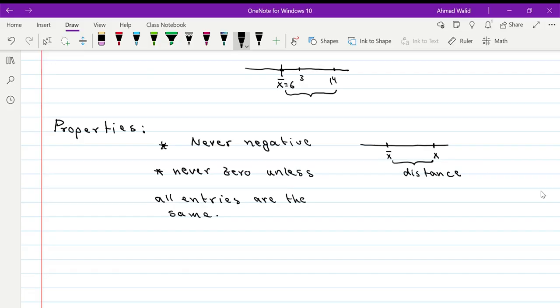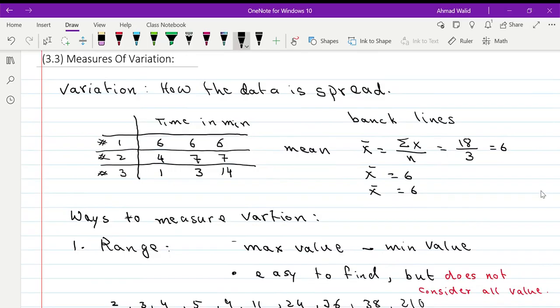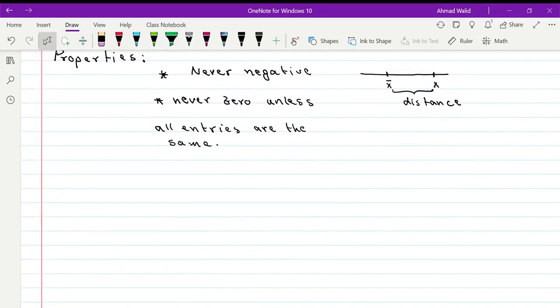Data has definitely a distance from the mean. The only special case that your standard deviation can be zero is, in this example, the first bank. All your data set is the same, 6, 6, 6. You see, your mean is 6. If I subtract x from it, another 6, 6 minus 6 gives you 0. The only case that the standard deviation becomes 0 is if all your data is the same. Correct?